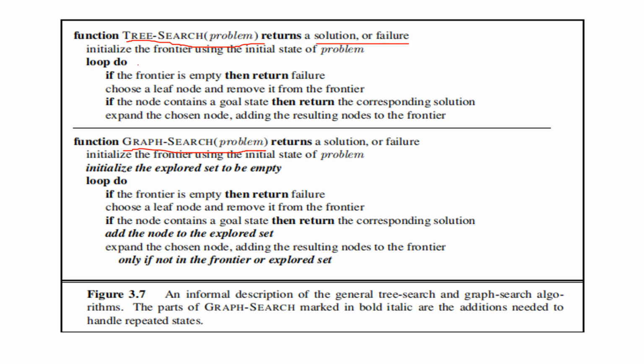Then choose a leaf node and remove it from the frontier. We already discussed this in the tree search. If the node contains a goal state, then return it as a solution. That also we discussed. Then add the node to the explored set. So when we are moving to the next node, we add that node to the explored set. Then expand the chosen node, adding the resulting nodes to the frontier, if and only if not in the frontier or explored set.